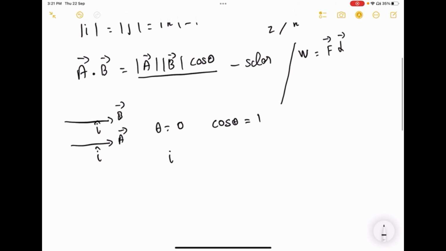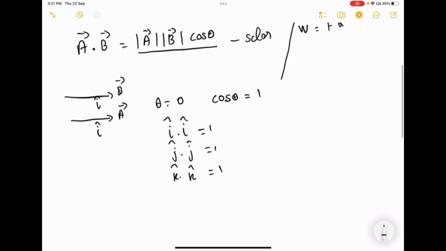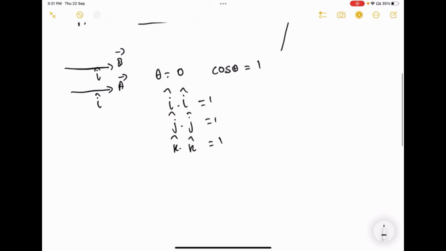Then I dot I cap is going to be 1, j dot j cap is going to be 1, and k dot k equals 1. So for parallel vectors, the dot product or scalar product will give a non-zero value.